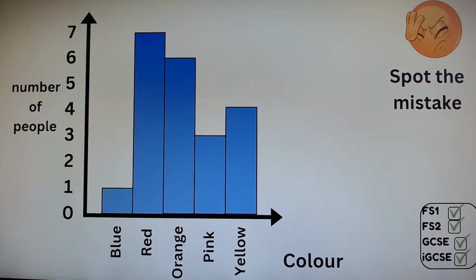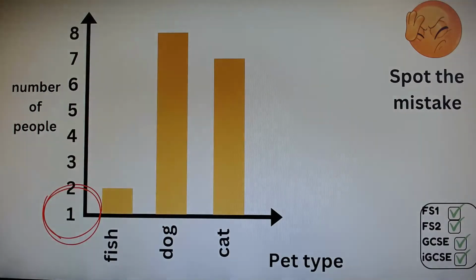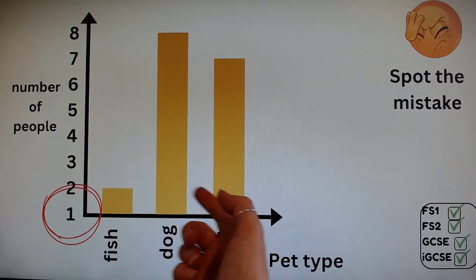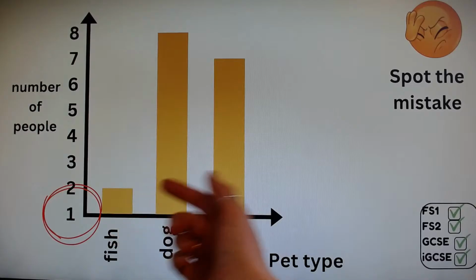Anyone spot it? On the previous one, I gave a hint to it. These gaps here. Do you see these gaps? These are actually important. Without the gaps, technically it becomes a histogram, although it's a little more complicated than that because histograms are continuous data, not discrete data like what we're looking at here.